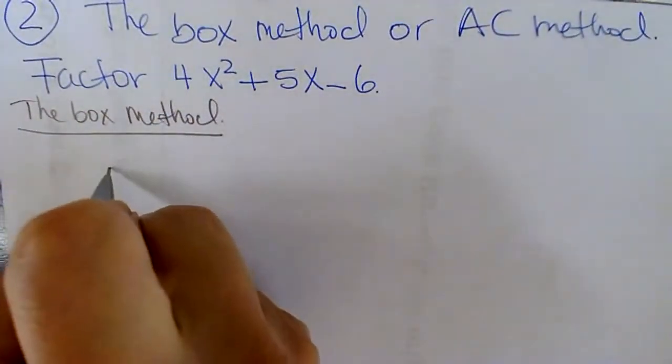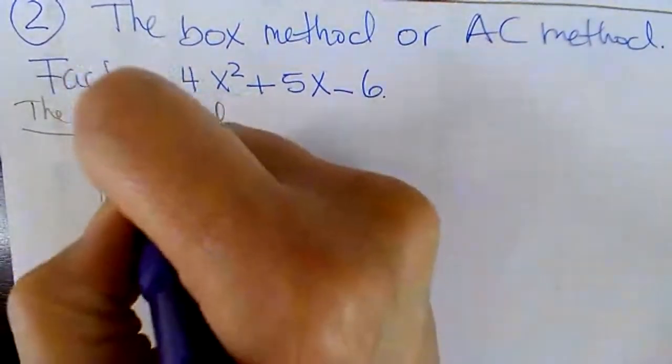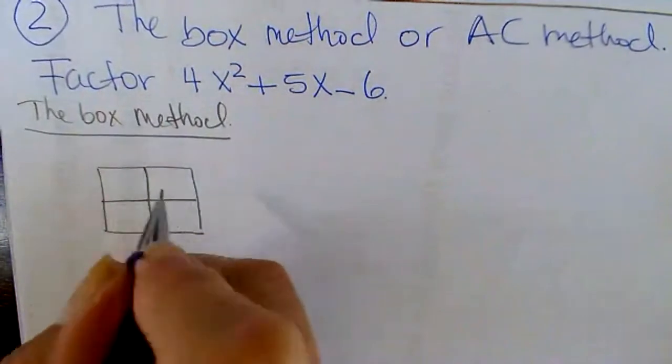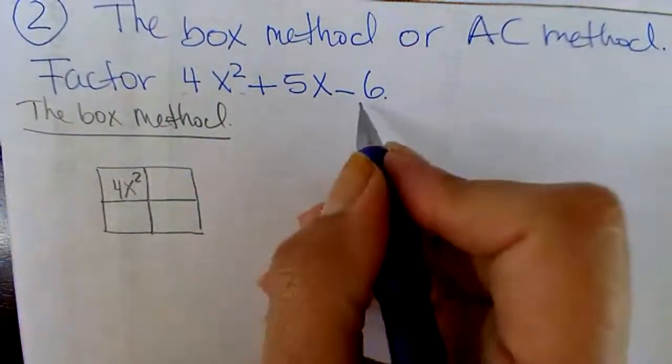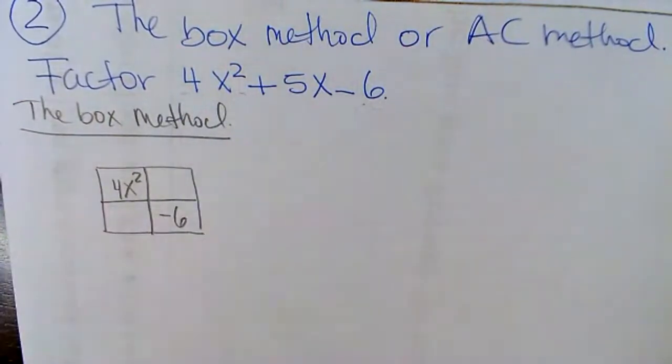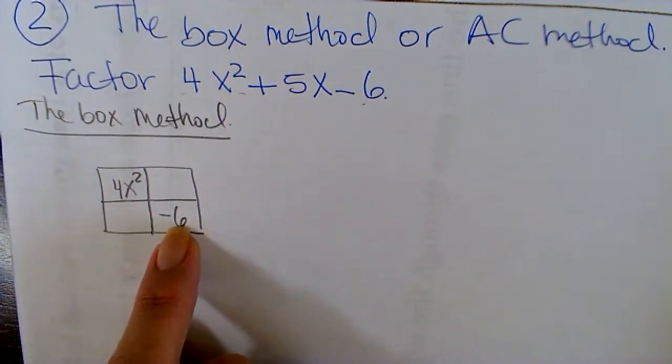The box says we're going to just write down a box here. We're going to write the first term here, 4x squared, and the last term here. So we're going to multiply 4x squared times negative 6.